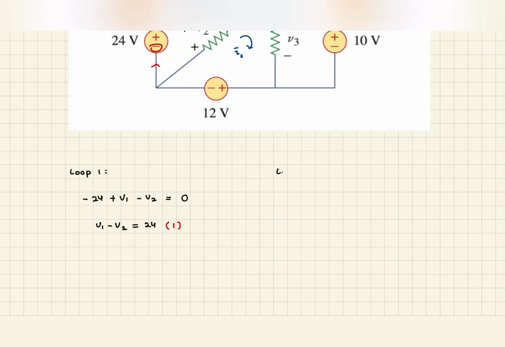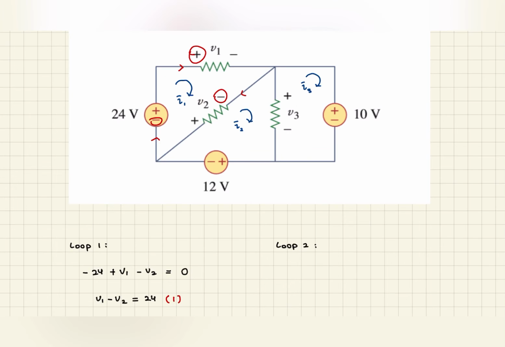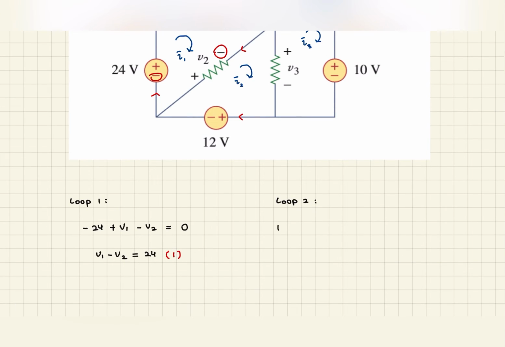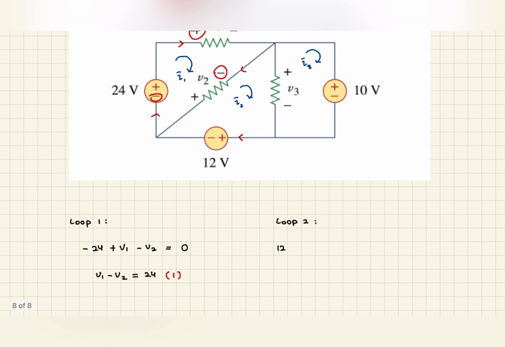Let's do the same thing for loop 2. For loop 2, you can see that firstly it starts from the battery. It goes through the battery to the positive terminal, so 12 volts. And then it goes through V2 through the positive terminal this time, so plus V2.